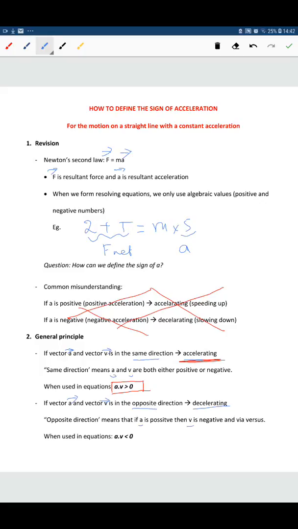So when two numbers have different signs, their product has to be zero or negative as well. Let's sum it up. If a times v is bigger than 0, then accelerating. If a times v is smaller than 0, then decelerating.